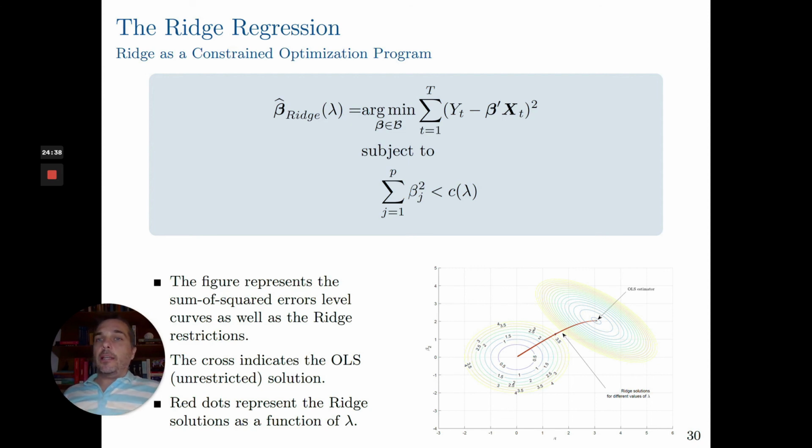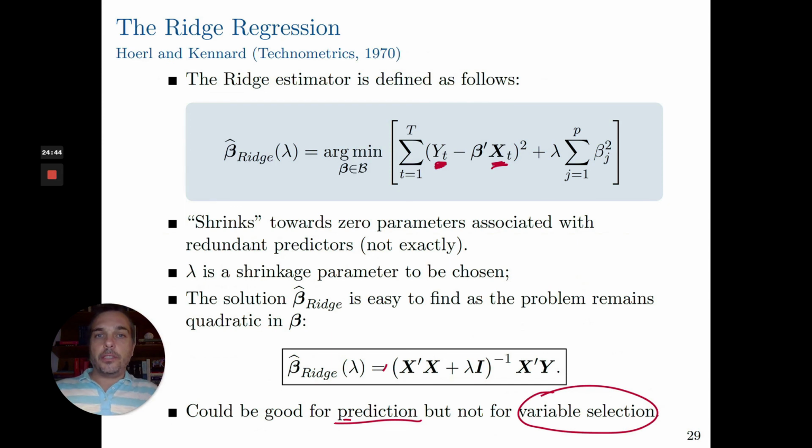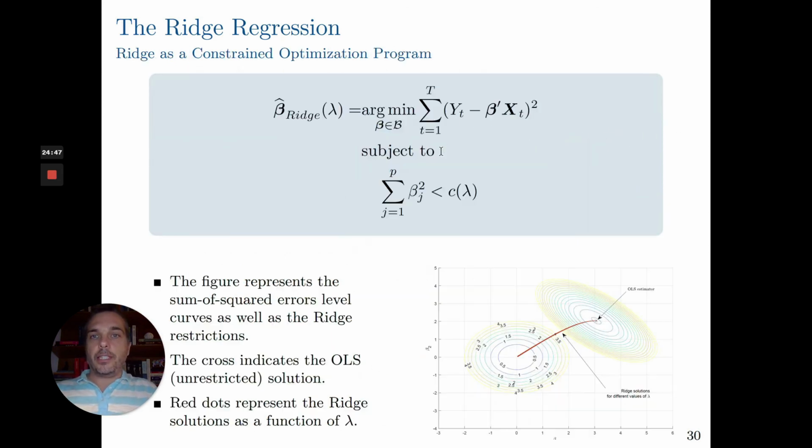Ridge also can be seen as a constrained optimization program. That minimization problem here is equivalent to minimizing the sum of squared errors subject to a quadratic constraint. So basically what we have here is the surface of this function, and here we have the quadratic constraints. The unconstrained minimizer is here, but we want a minimizer that's subject to that constraint.